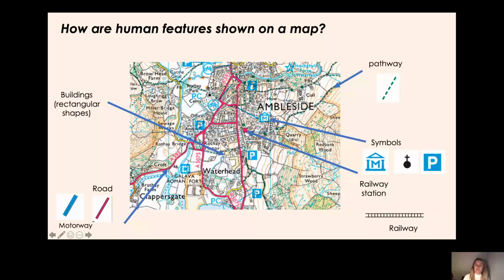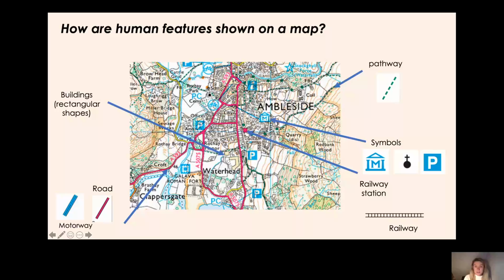And then a railway line. Now, can you remember how a railway line is shown? Well, yes, look, can you see in the bottom, the railway line had the two lines with the lines in between, didn't it? Remember, I thought it was a ladder, but I was just being silly, wasn't I? It's a railway. So that is how railways are shown. And then a railway station is a pink square.